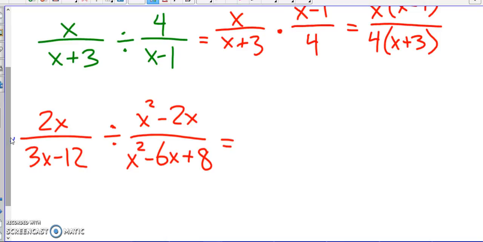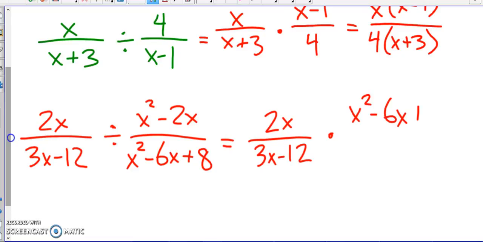So here's what we're going to do. We're just going to rewrite this, but we're going to keep, change, and flip. So 2x over 3x minus 12 times x squared minus 6x plus 8 over x squared minus 2x.